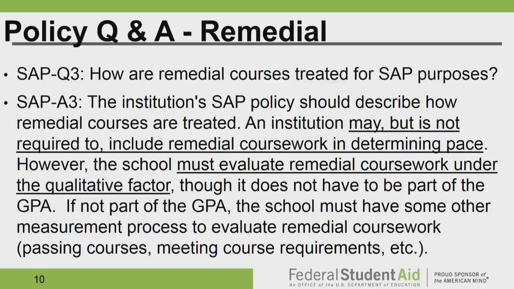So if you're saying that you have a 150% maximum time frame to complete, you may decide you're going to exclude remedial coursework in that calculation because the student really wouldn't be at the same advantage that someone coming in without the requirement to do remedial coursework would have. Think about how it works at your institution. Think about how prevalent remedial coursework is and how much remedial coursework the student typically needs.